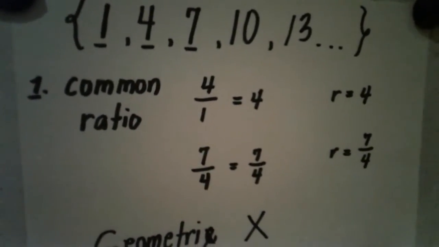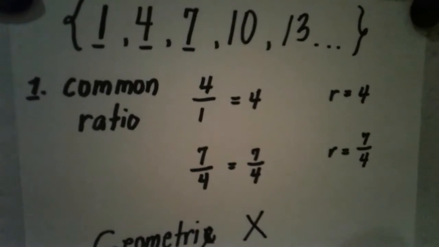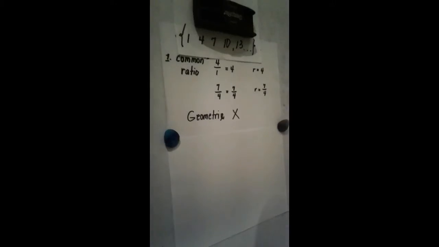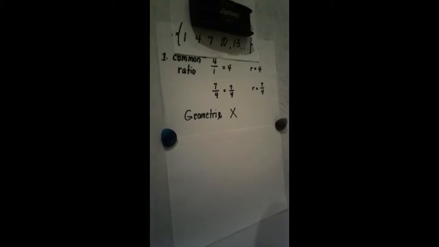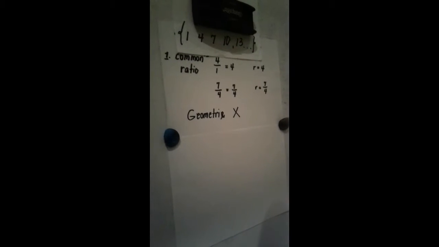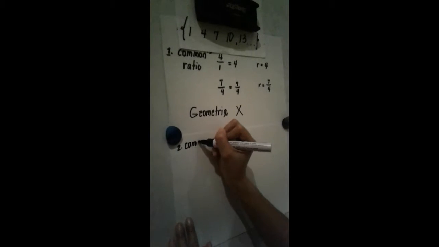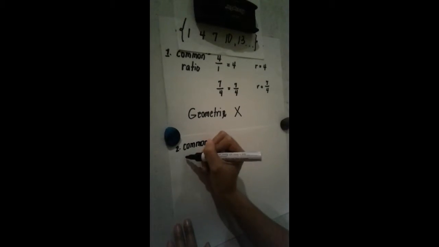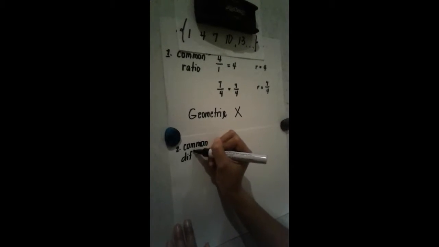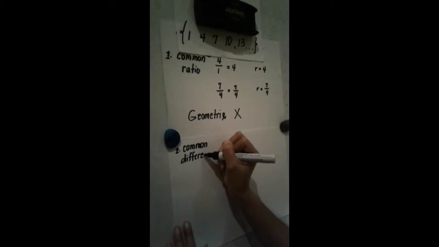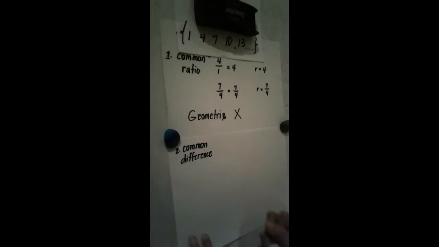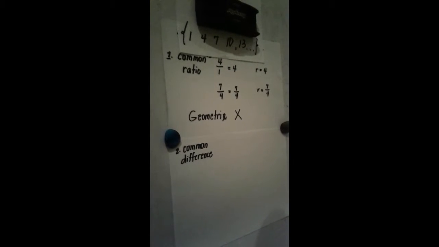But is it arithmetic? Well, let's see. In order for the sequence to be arithmetic, it has to have a common difference. So, we need to check if our sequence has a common difference.